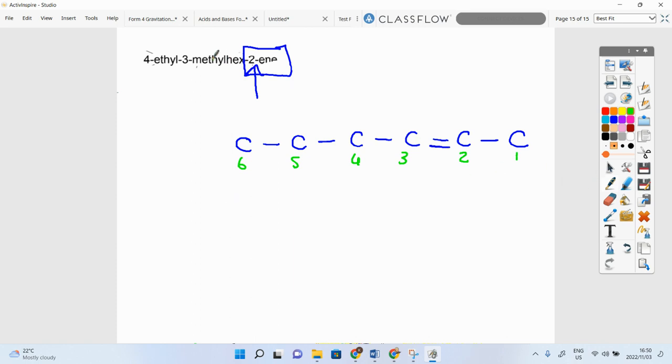Okay, now you do the side chains. On the fourth one, there's an ethyl. Ethyl tells me that the side chain has how many carbons? 2 carbons. So you go to the fourth carbon and draw 2 carbons, and you put its hydrogens in if they ask you for structure.